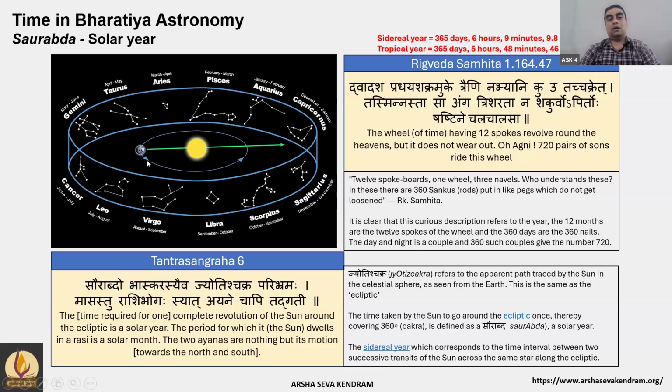All this transit into the 12 different zodiac signs happens in 12 different months, and this entire cycle of the sun through all the 12 signs and coming back to the original point where it started is the Saurabda, or the solar year, right?